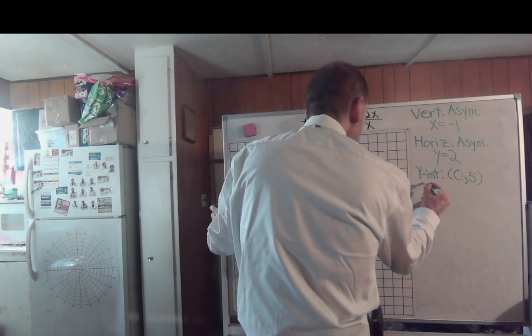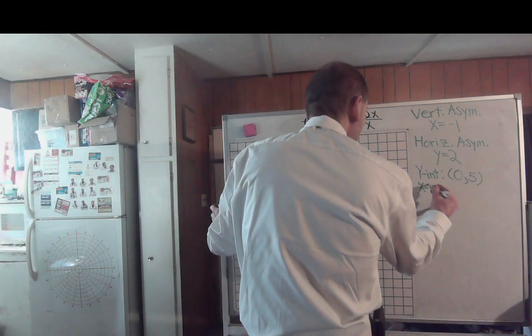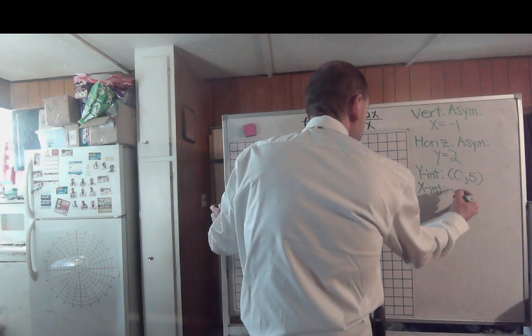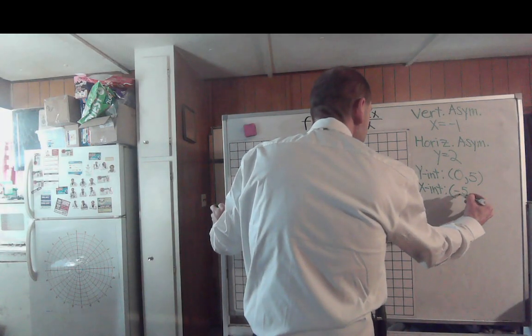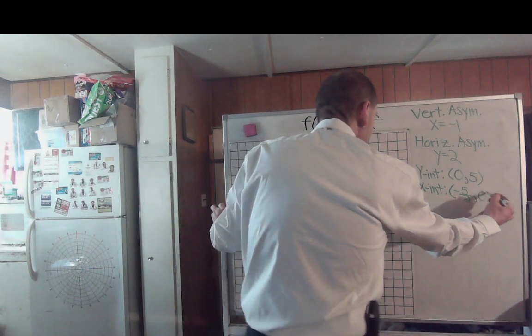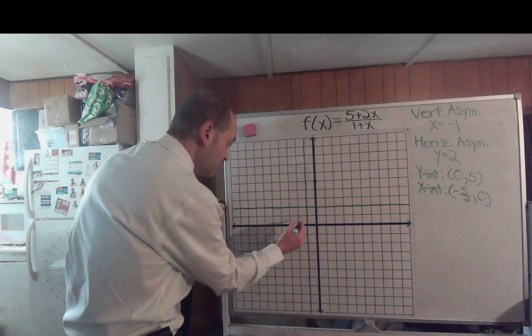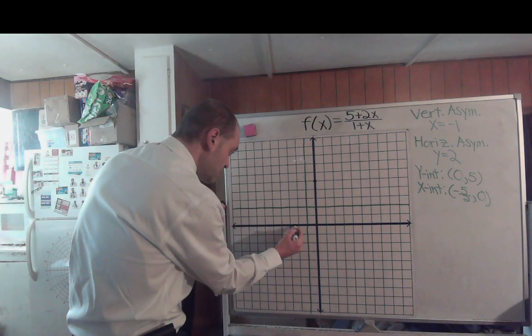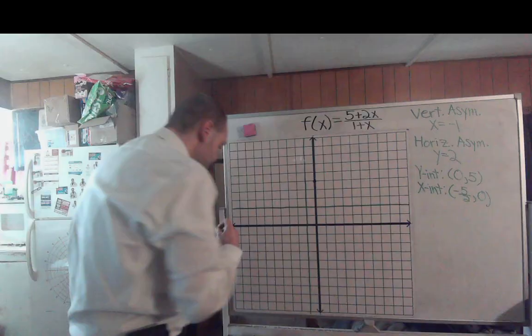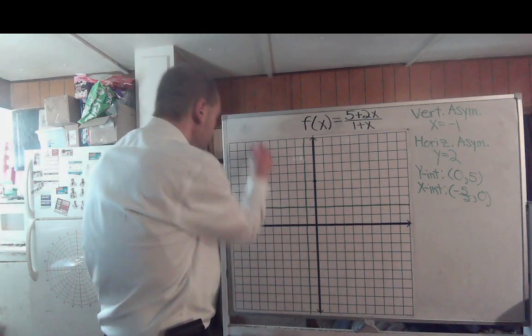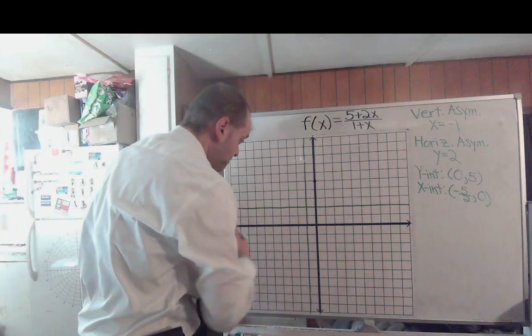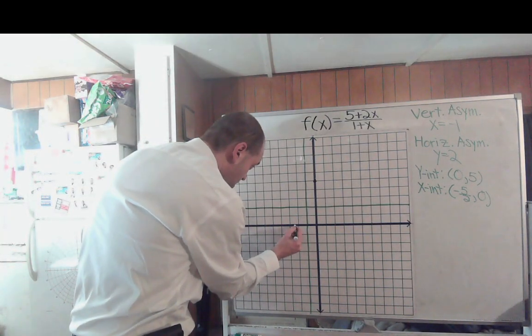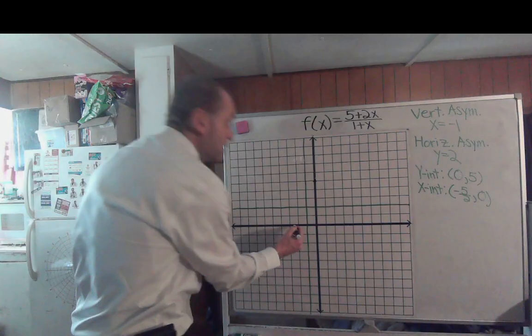So you have an x-intercept at the point negative 5 halves, 0, or negative 2.5, 0, however you choose to look at it. So there is going to be your x-intercept. Probably put that in black. Alright, so we got intercepts this time.